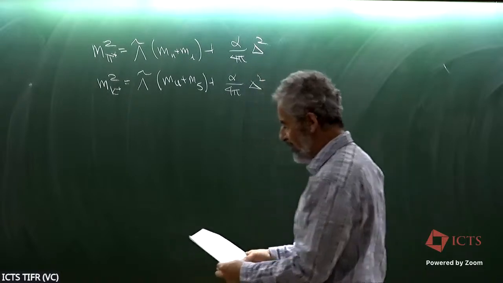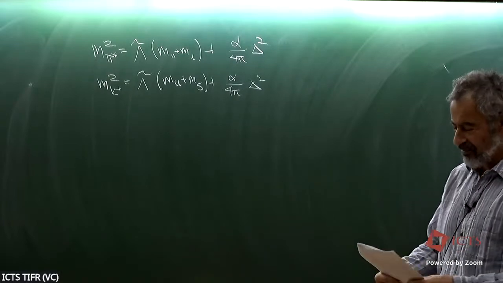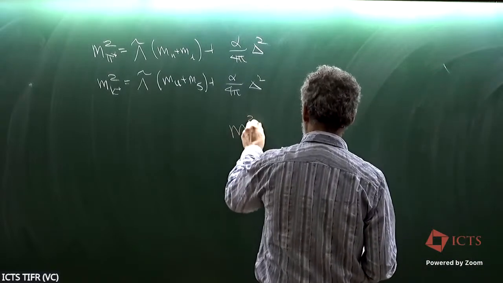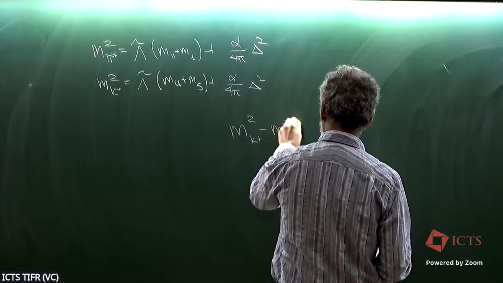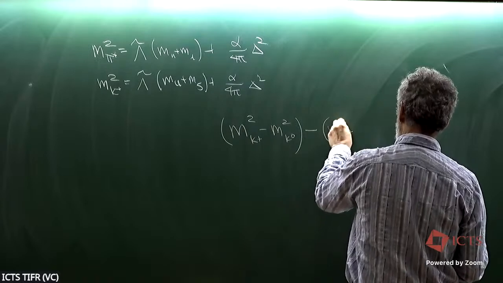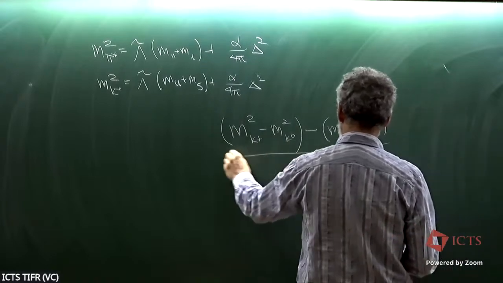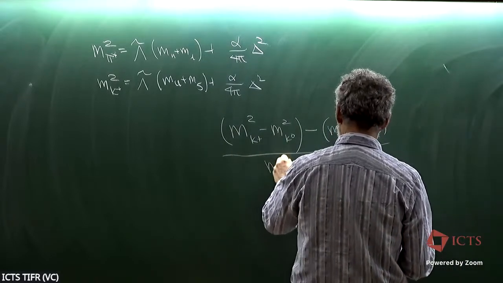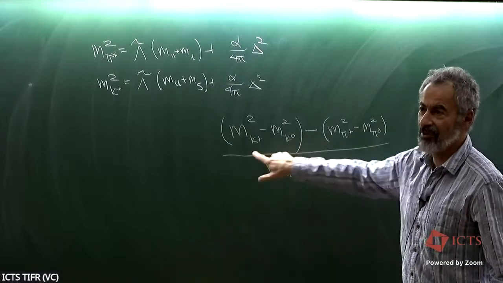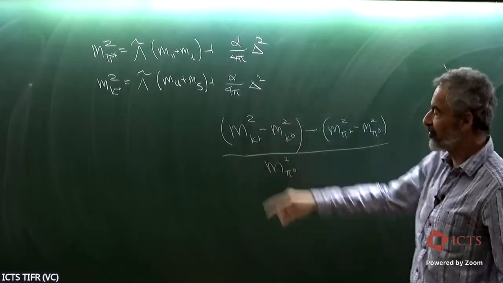And so Weinberg noted in the mid-70s that you could take the following combination of meson masses. And the electromagnetic contribution is the same on both of these, and it cancels. This unknown parameter, this parameter delta drops out.